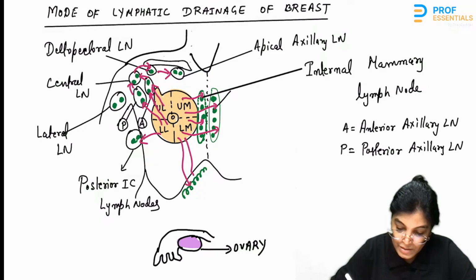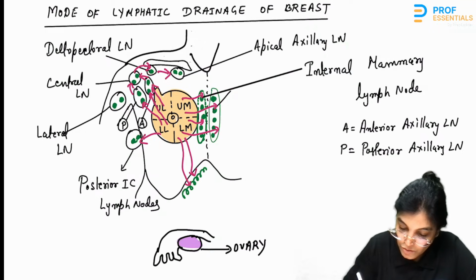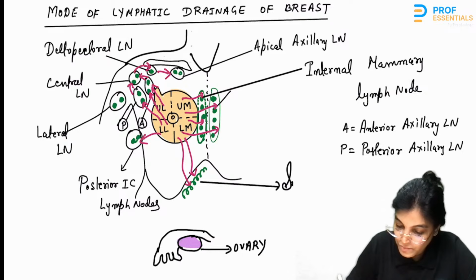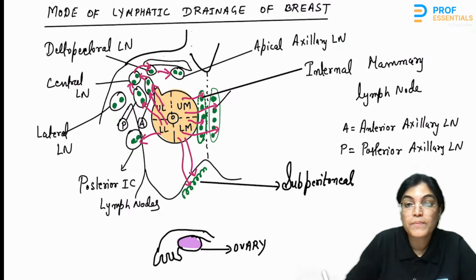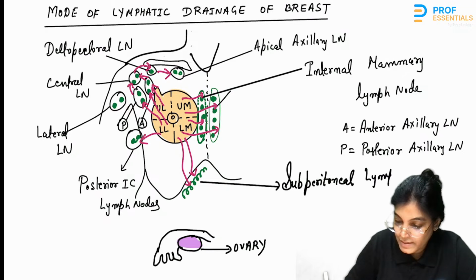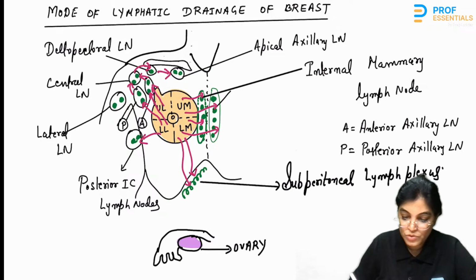What is this? This is the subperitoneal lymph plexus. So we have to label it also. Subperitoneal lymph plexus. And from here, it will traverse to the ovary. It can reach the ovary, as you can see.